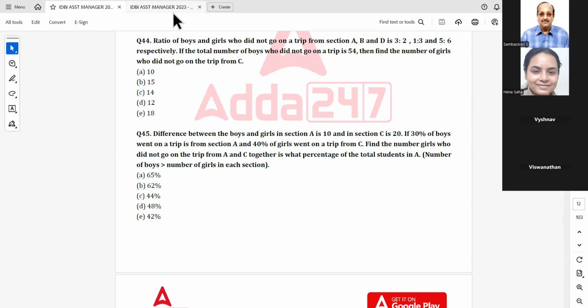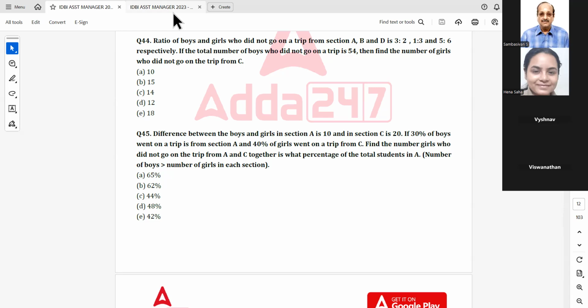From there, we have to proceed. If 30% of boys went on a trip from section A, that means 6 people went from A, and 40% of girls went from C. That is, 8 girls go, correct?